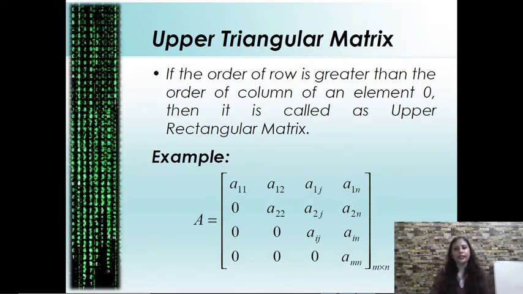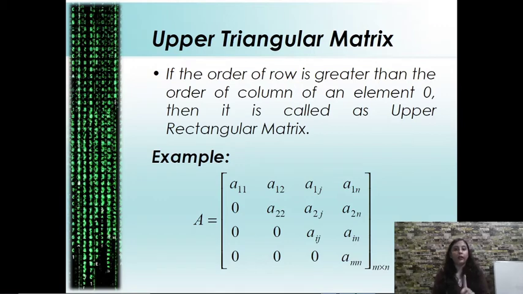Okay. Here see, we have an m cross n matrix. The principal diagonal is a11, a22, aij, amn. This is the principal diagonal. All the elements present above the principal diagonal are non-zero, and all the elements present below the principal diagonal are 0.